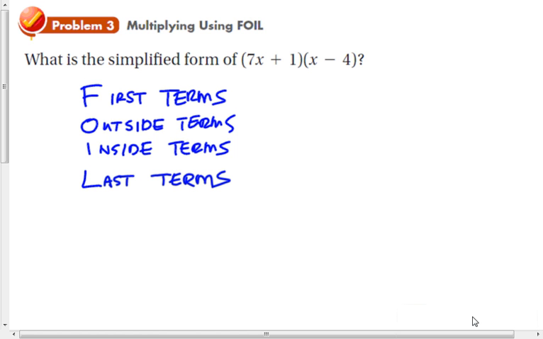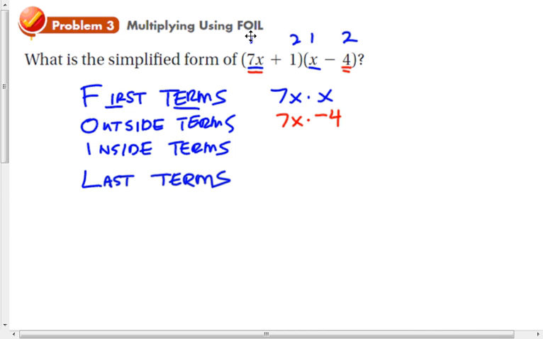First terms mean the first term of each binomial. So what we need to do is multiply first terms together, that's 7x and x. The outside terms, that would be the 7x and the 4, so we're going to do 7x times negative 4 for that one.